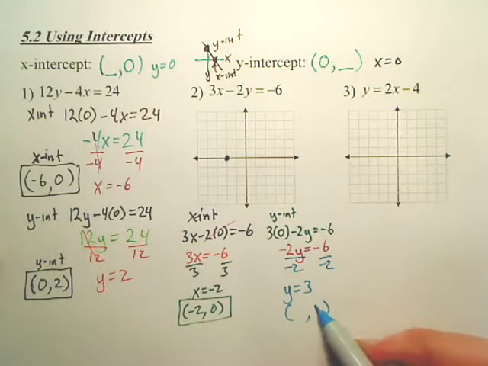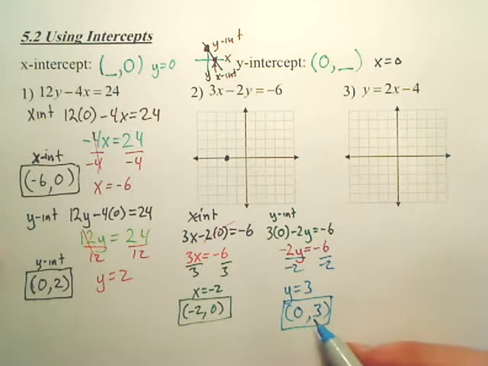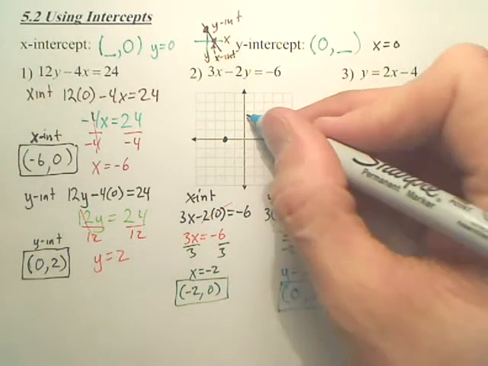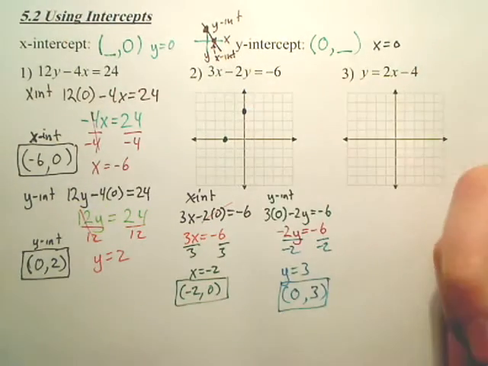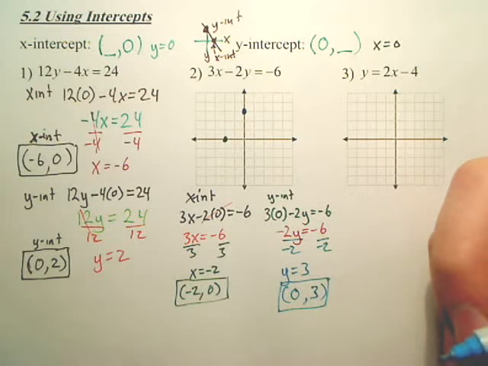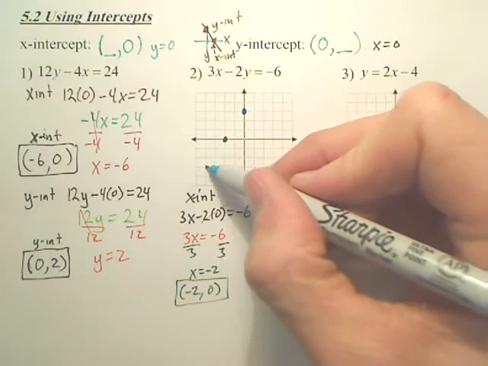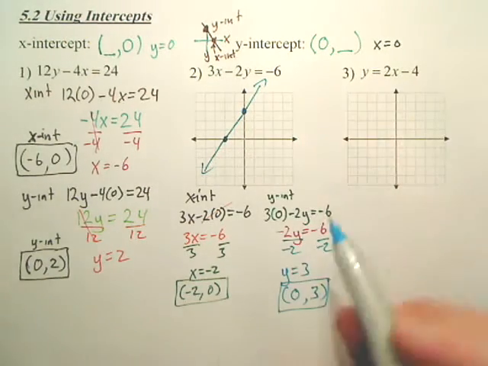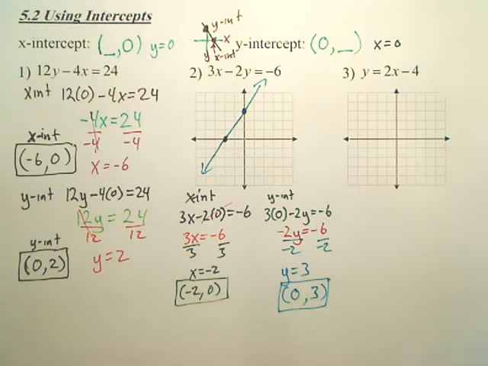The second one. So y is 3, x is 0. I want to put that coordinate on my graph. Well, that coordinate on my graph is right 0, 3. Could you make a graph between those two dots? Yeah. There's my graph. All I do is I find the x and y intercept, plot them, make a quick graph.